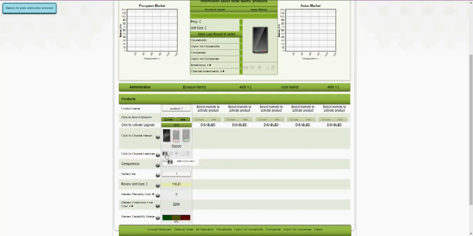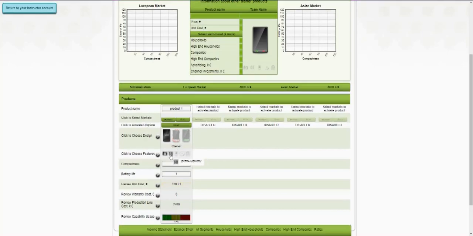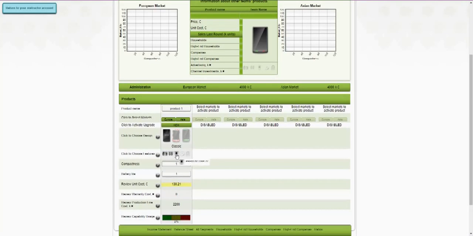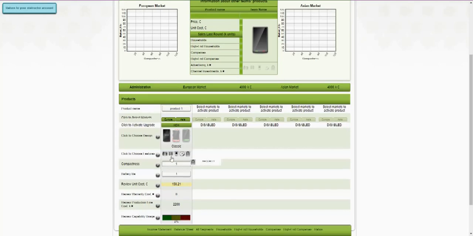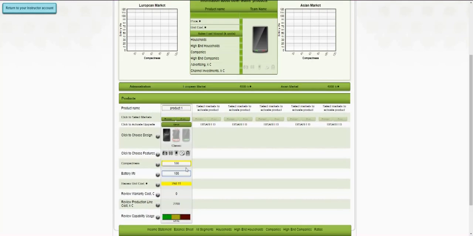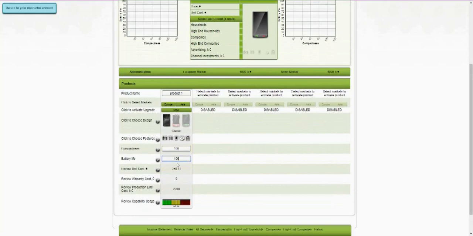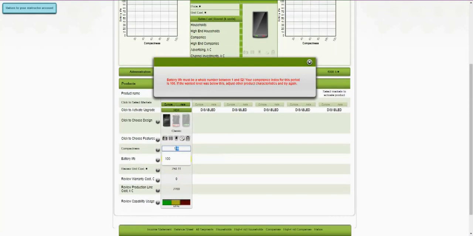You can choose to have photo, extra media, extra storage, premium display, navigation, and security. As we're adding more features, the cost of the product is increasing, and then you can choose the rate of compactness and the rate of battery life, and you can put this here.